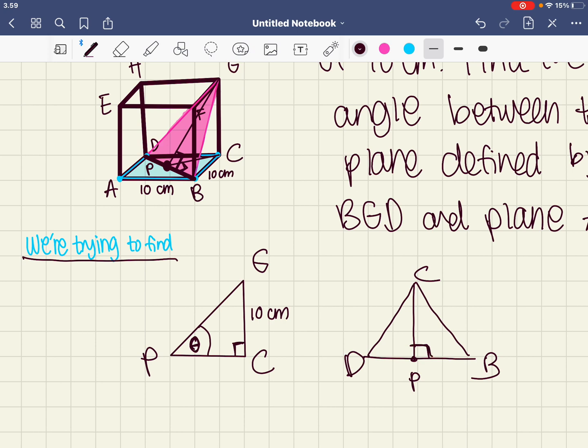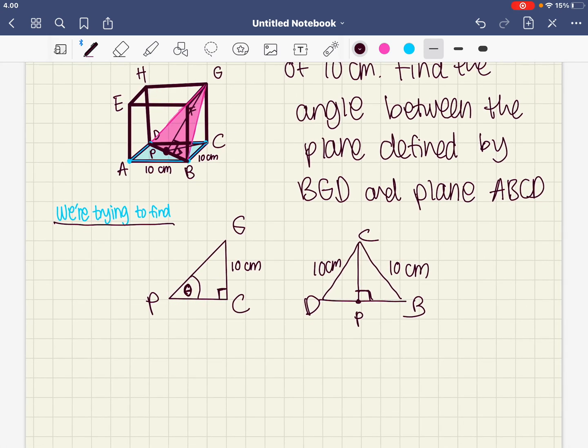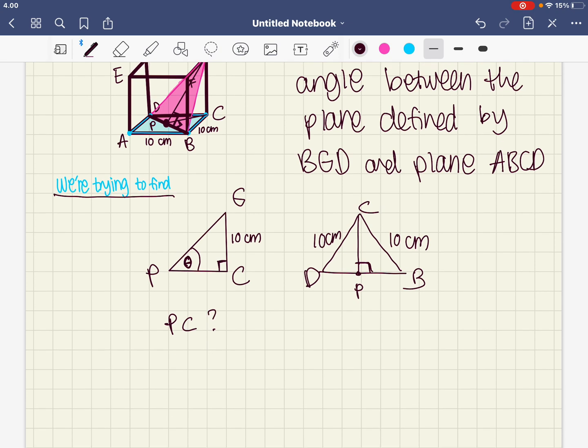Okay, so I know CB is 10 centimeters. I know DC is also 10 centimeters. But I need to find DB then. We're trying to find PC. What is PC? So DB is a diagonal. This is my sketch.